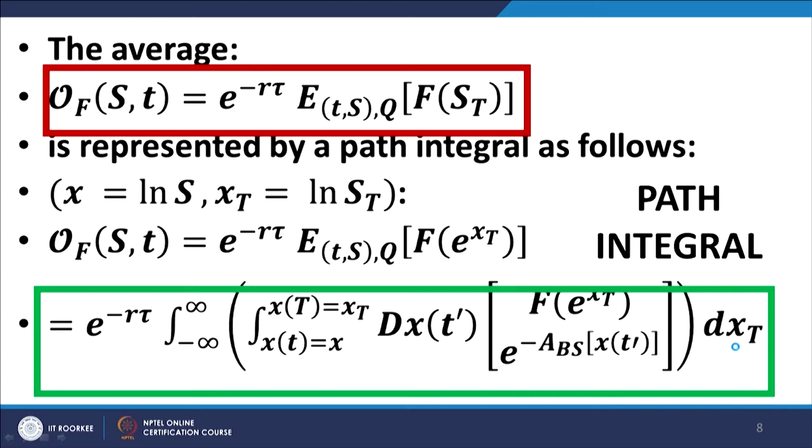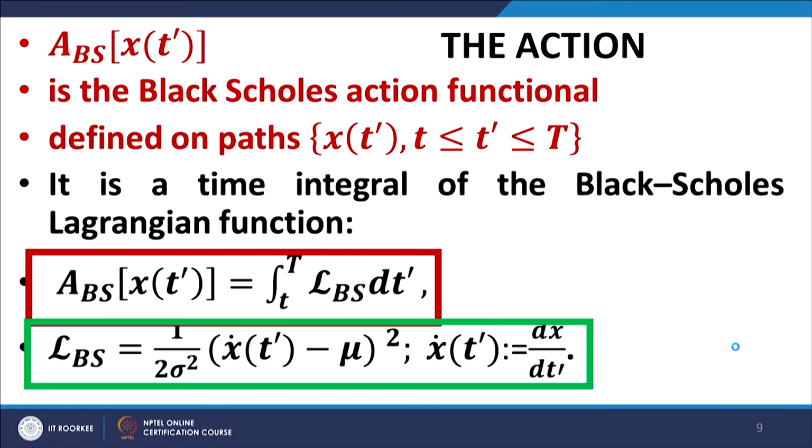Please note the stock value can take anything between 0 to infinity. Therefore, the log of st can take values between minus infinity and plus infinity, and therefore, because the variable here is log of st, that is xt, xt can take values between minus infinity to plus infinity.